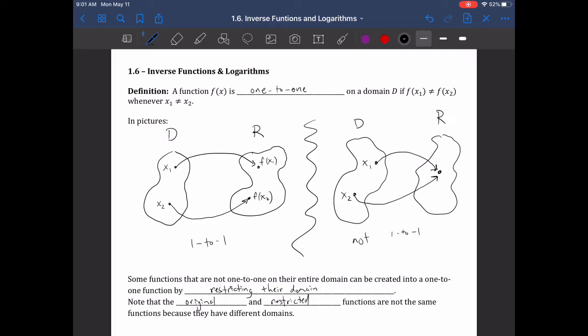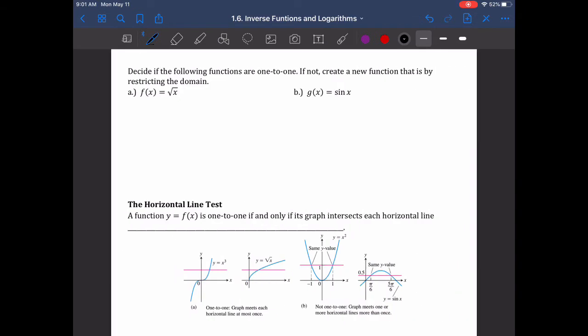They may be very similar, have a lot of the same properties, but they are not the same function. So first thing we need to learn is how to decide if a function is one-to-one. So let's look here and decide if these functions are one-to-one. So first, f of x equals the square root of x. This function looks like this, and that's our f of x right there.